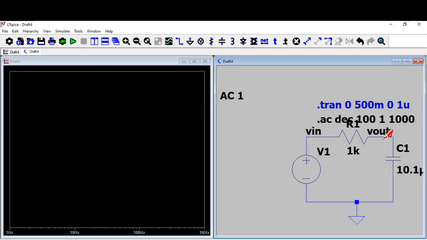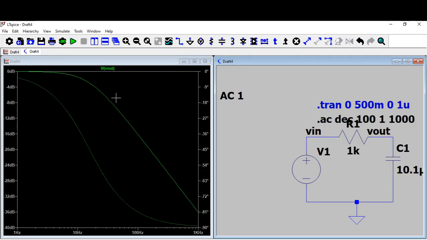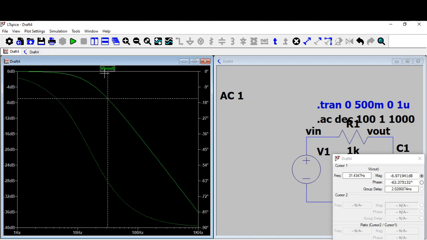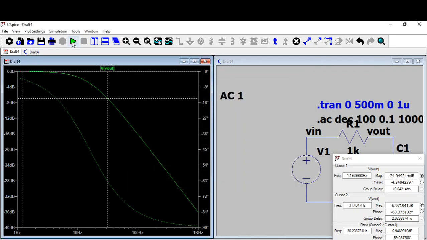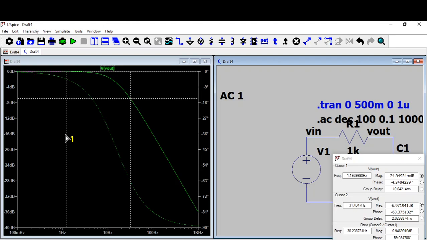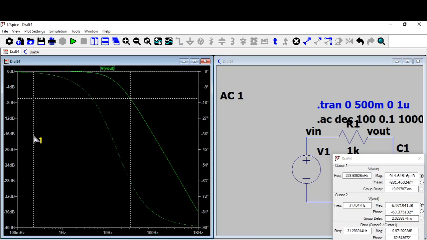When I run, I will find this output. Now you can put two cursors. Let me start from a bit lower frequency. Instead of 1 hertz, let me start from 0.1 hertz. I'm running again from a very low frequency, 0.1 hertz.